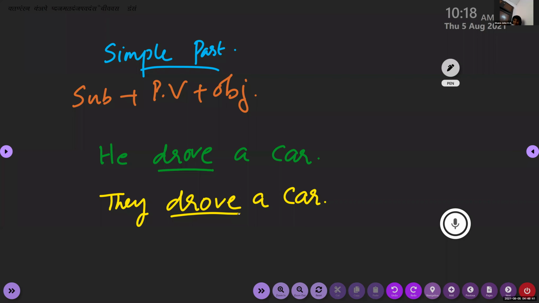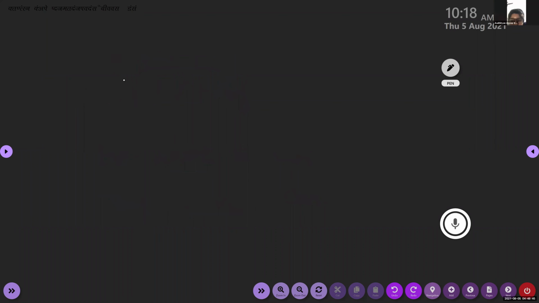Adityan, tell me the rule of past continuous. Subject plus ing form of a verb. Okay, you said subject, so I'm going to write Adityan here.